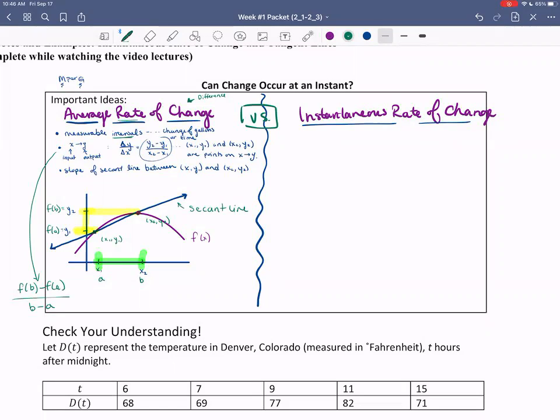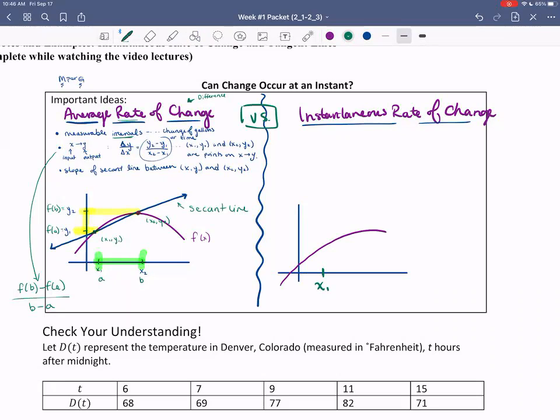So if we think of our graph, go back to our graph here. I'll draw a new graph similar to the old one. But now the question we want to know is, what is change at a moment of time? So in this case, we focus on a particular input that I'll call, say, x1.